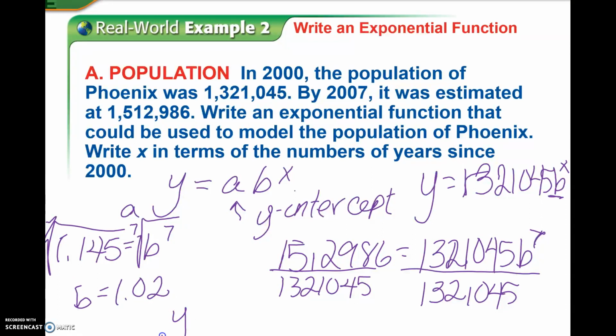So my equation would be y equals my y-intercept, 1,321,045, times my b, which we found was 1.02, to the x. So if I want to find the population in the year 2020, I'd put in 20.